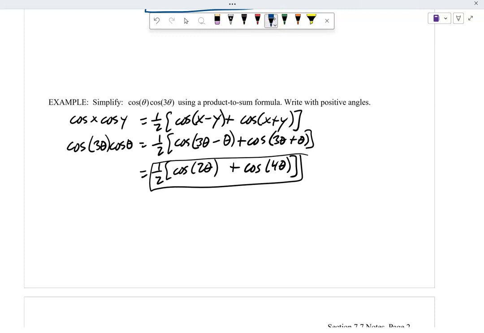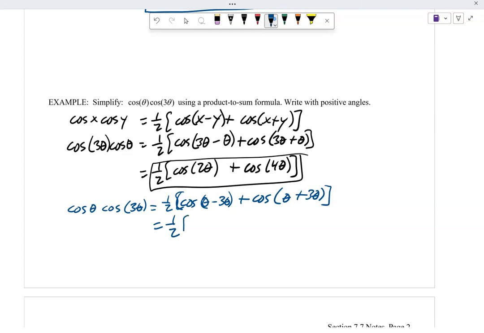Now notice if I had not switched them, so if I'd left it cosine theta, cosine 3 theta and plugged it in, then we'd have x minus y, so it'd be theta minus 3 theta, and theta plus 3 theta. So we have 1/2 [cosine of negative 2 theta plus cosine of 4 theta].